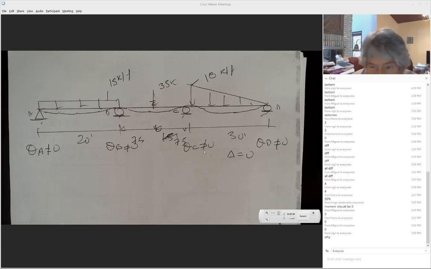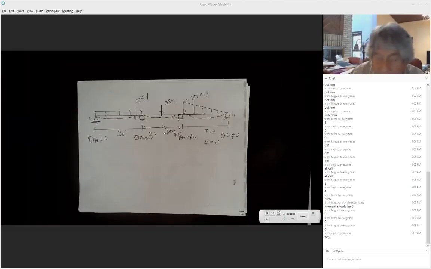So in reality, to compute this moment, I only need to find theta B and theta C, because I had 2 unknowns and 2 equations. So what we had to do is something that is going to reduce the amount of work in this method and the next one.